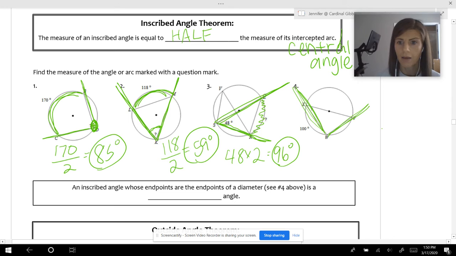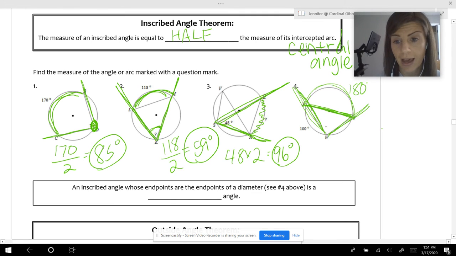When the endpoints of the angle create a diameter, that's what's happening here. We have a diameter, then this is a semicircle. So its intercepted arc is 180 degrees. That means that this would be half of that, which is 90 degrees.